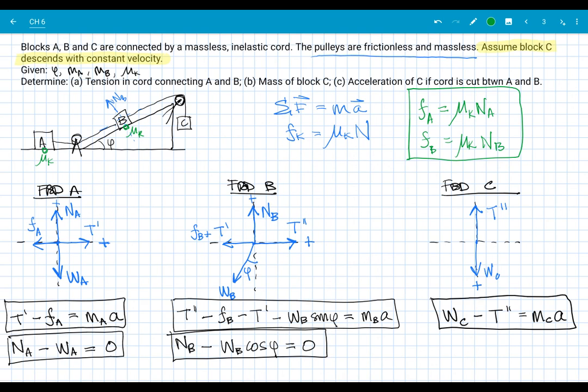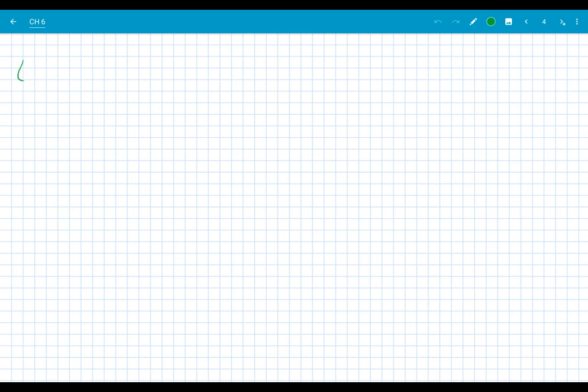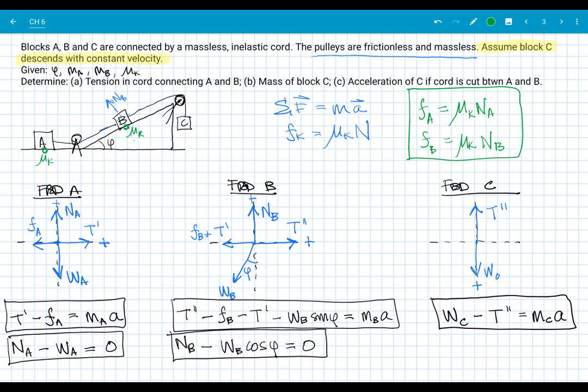For this first part A, we're still assuming that block C descends with constant velocity. So for part A, what we can say is that acceleration is equal to 0. And that simplifies the equations that we just rendered, right? For part B, that's just a different unknown. We're solving for the mass of block C.